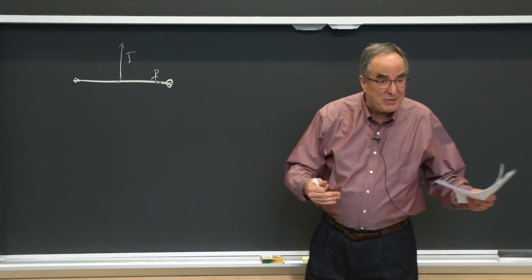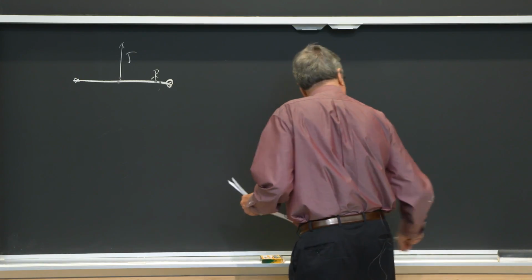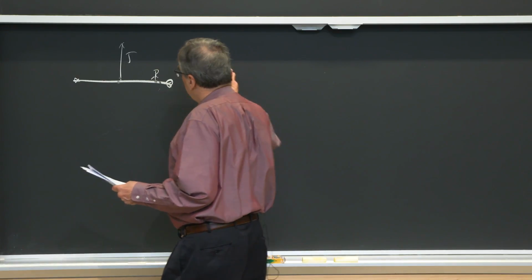And there are a couple of other things I'm going to say about this, but now let's get down to the business of actually doing a little bit of the solution of the Schrodinger equation.